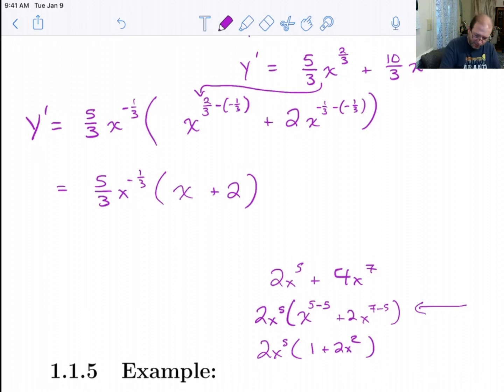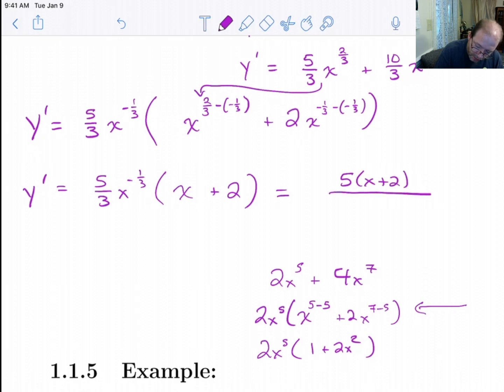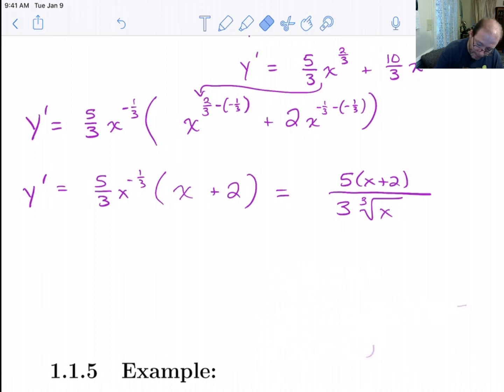So that's my derivative. And I would probably rewrite that as 5 times x plus 2, and leave the 3 down here and rewrite the x to the negative 1/3 as cube root of x in the denominator. All right, so now what we have to do is set the top and bottom equal to 0.